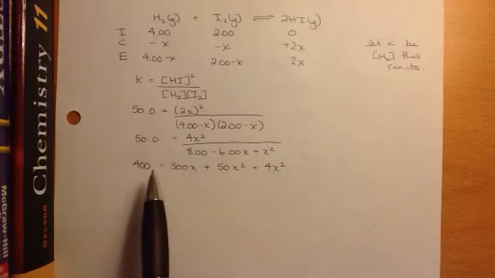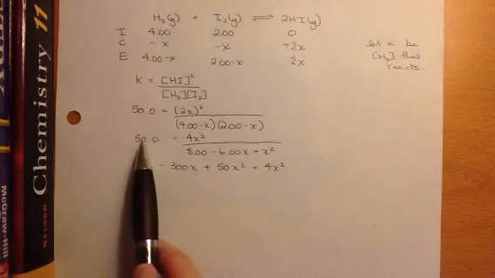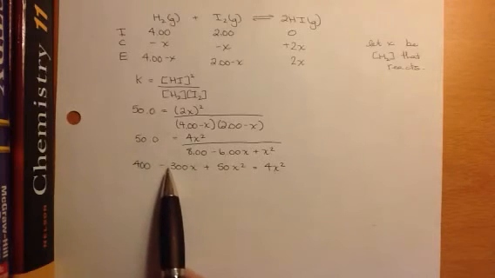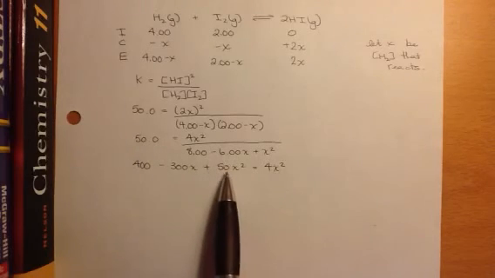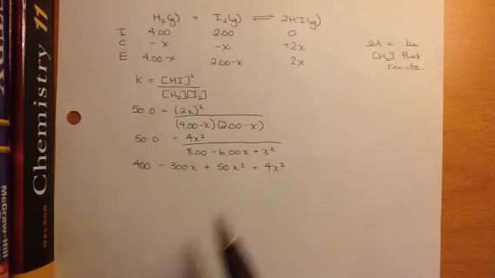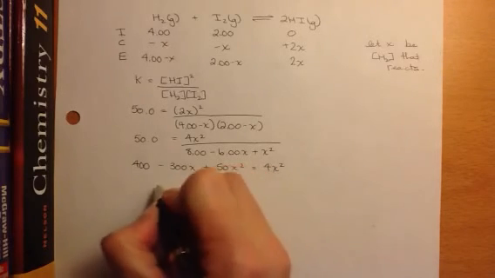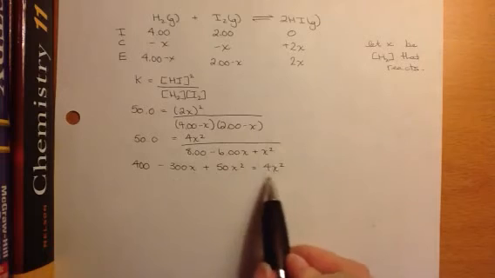So we have 8 times 50 is 400, 6 times 50 is minus 300 because it's a minus 6. And 50 times x squared, so we get 50x squared. And we still have our 4x on the other side. Now we want to get it into the appropriate format so we can solve the quadratic equation. So let's collect up the x values.